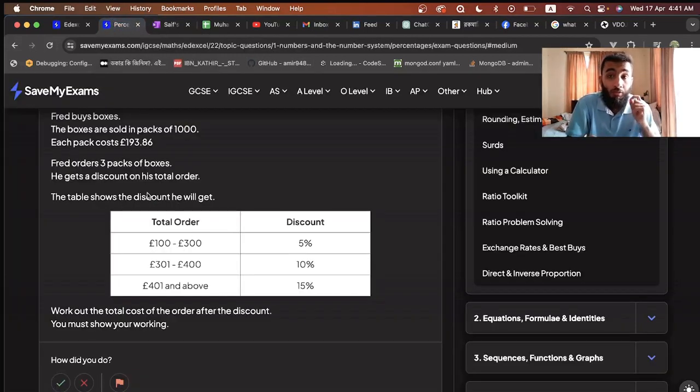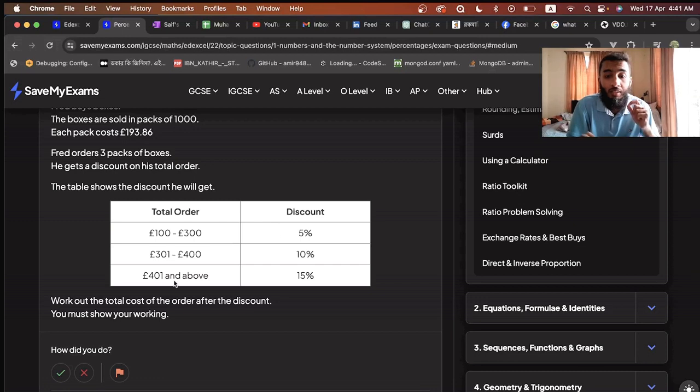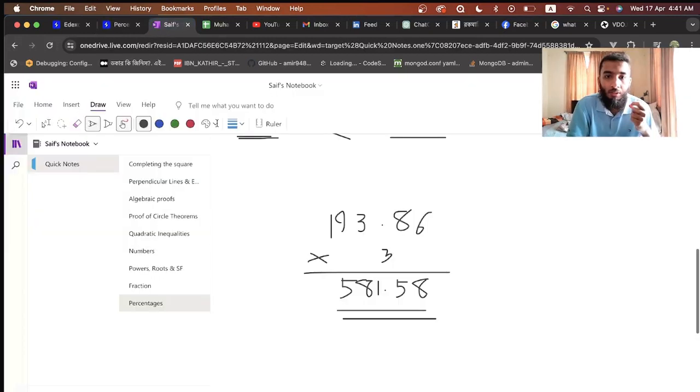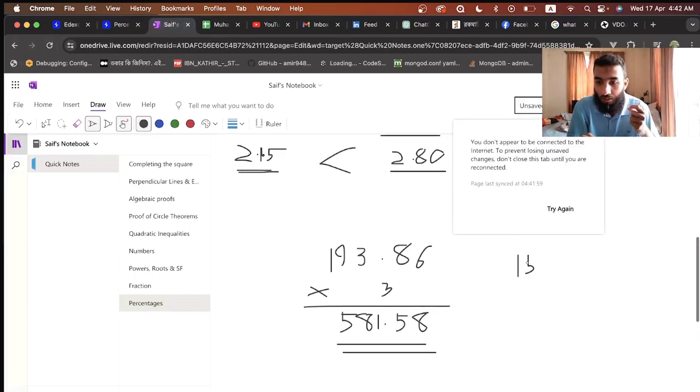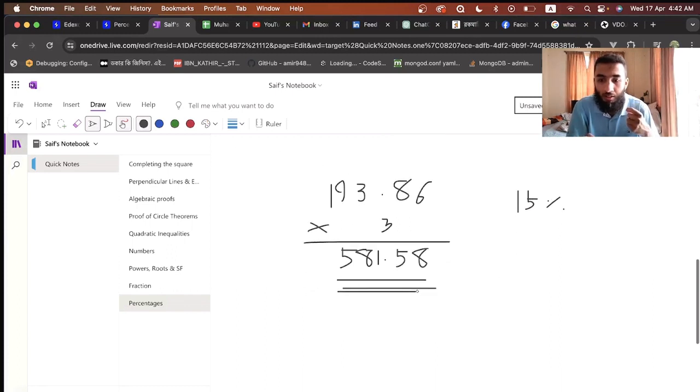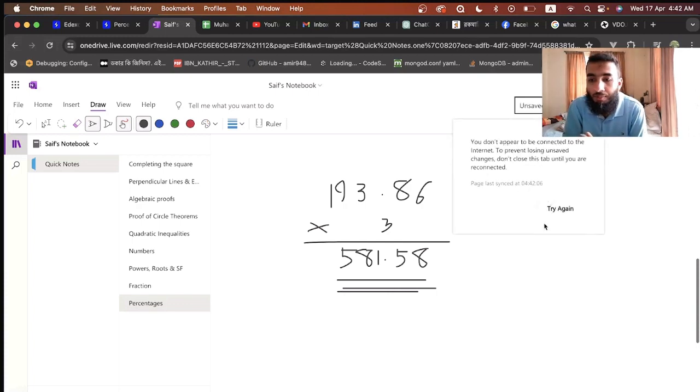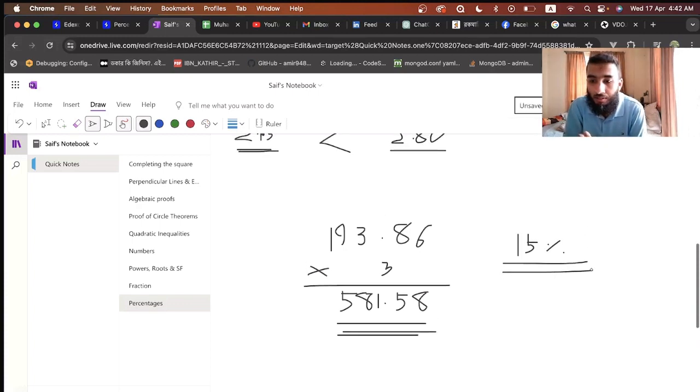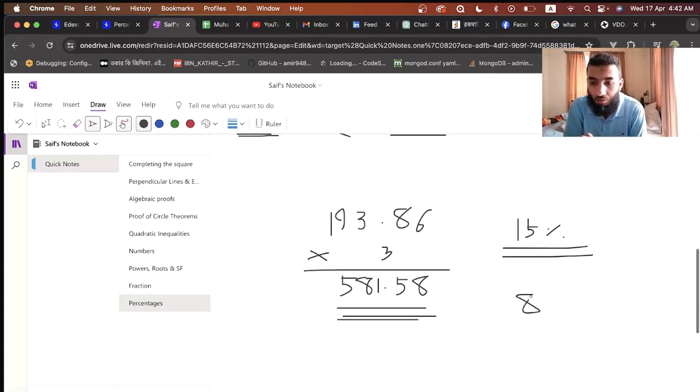So you have to figure out what the discount is. It is definitely above 400, so the discount is 15%. If the discount is 15%, the cost after the discount would be 85% of this.